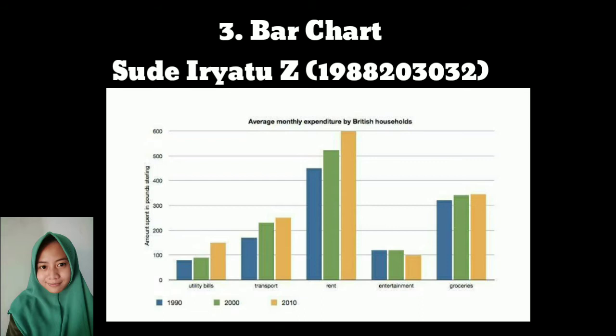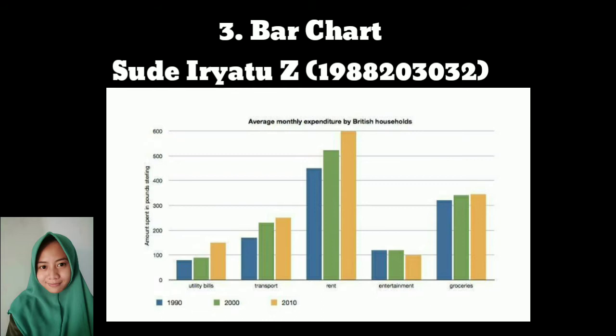Overall, the maximum expenditure is made on rent in all three years, with dramatic growth in 2 decades, followed by groceries with minimal or no expenditure growth in 2 decades. British people spend less on utility bills and entertainment.